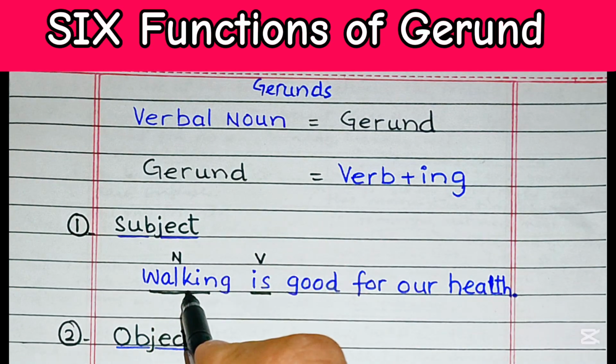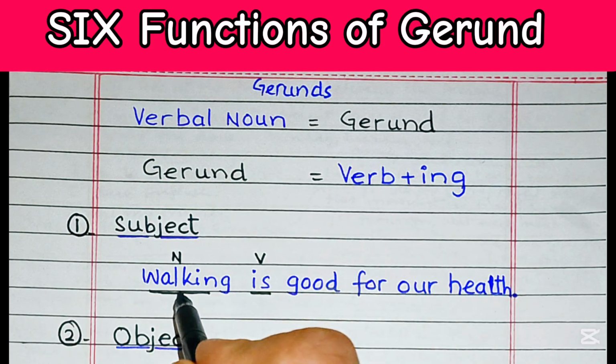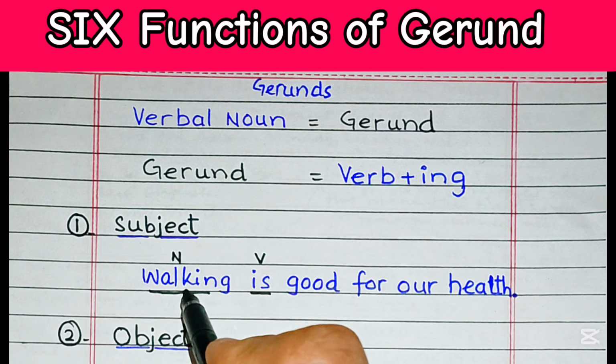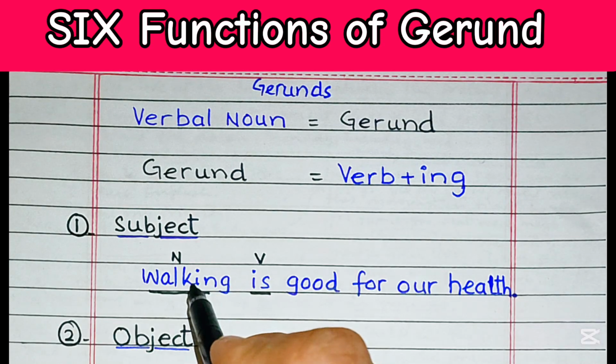If we replace this word by some sort of fruit, apple is good for our health, so it can be replaced by a noun. So in this situation, walking is clearly the gerund and it functions as the subject of the sentence, just like a noun, as I mentioned, apple, food, pizza, etc. So we can replace this word by any noun which acts like a subject inside a sentence.